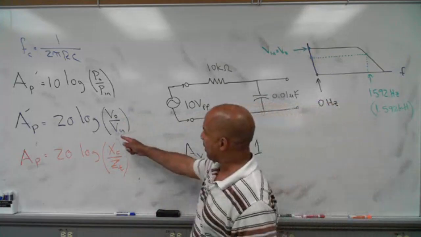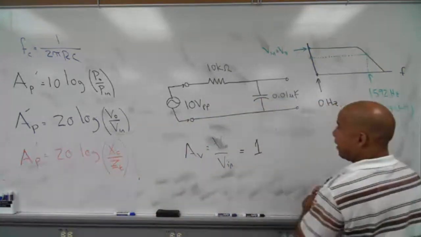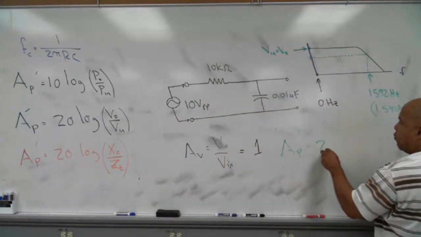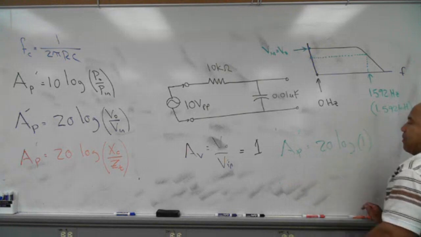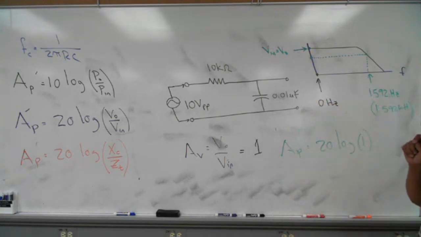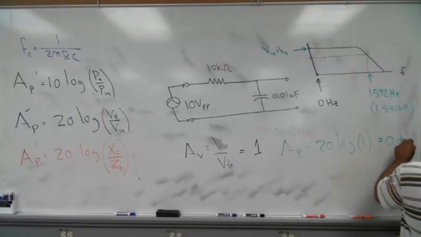So if I take this formula right here and put a 1 into it, then that's going to give me my answer. I'm going to have AP prime is going to be 20 times the log of 1. And if you do 20 times log 1, what do you get? You just get 0. You get 0 dB? Yeah. Okay.